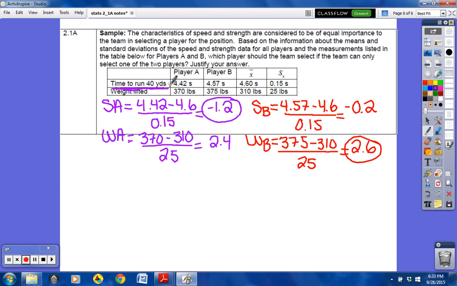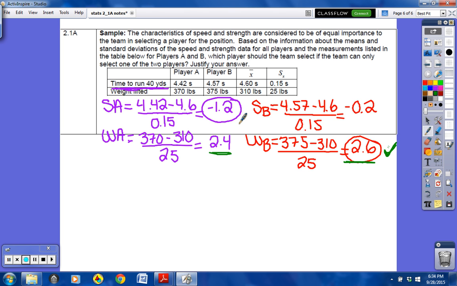So now, one wins with speed, one wins with weight. And that's where we're always needing to think about this in context, not just numbers, but in context. So let's think about who's going to be the better pick. In our picks, we have weight, which is 2.4 and 2.6. This person is better by 0.2.